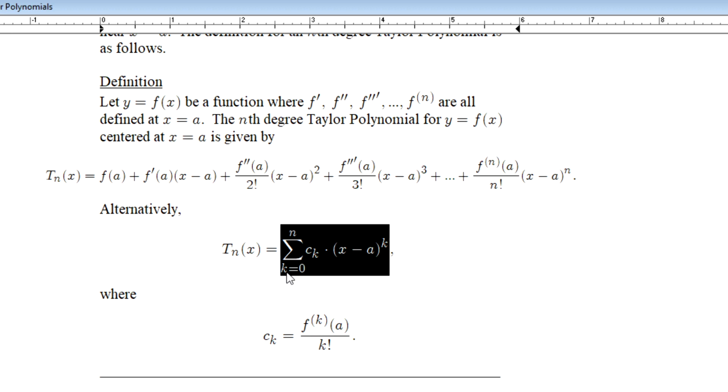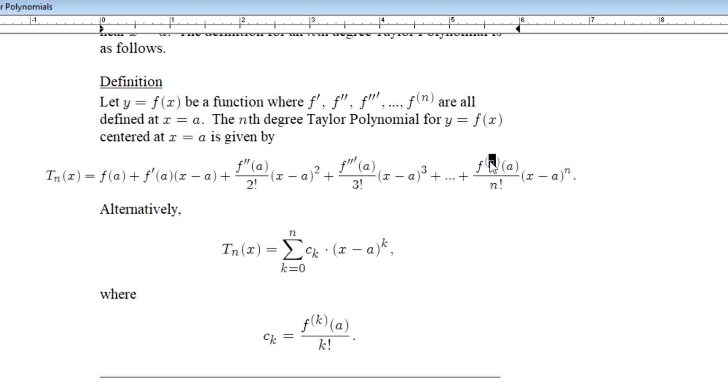This format is the summation that starts from k equal to 0 and continues up to n, the degree of our Taylor polynomial, of the argument of the series. It is this constant with respect to k times this factor x minus a raised to the kth power, right?